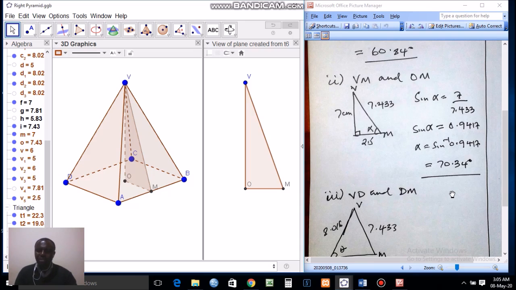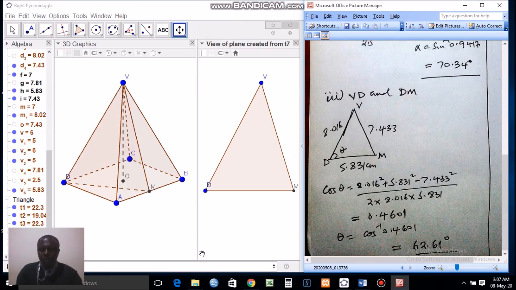Lastly, we look at part 3, that is the angle between VD and DM. Okay, let us analyze the angle between VD and DM. So once again, we are required to pick out the plane figure on which both VD and DM lie.